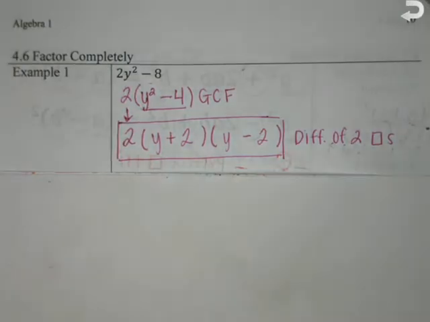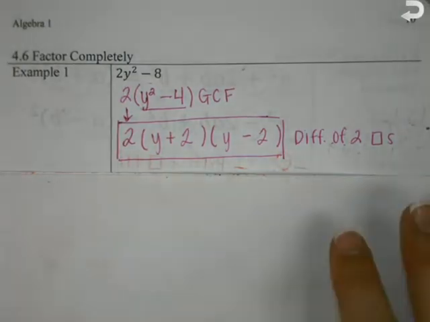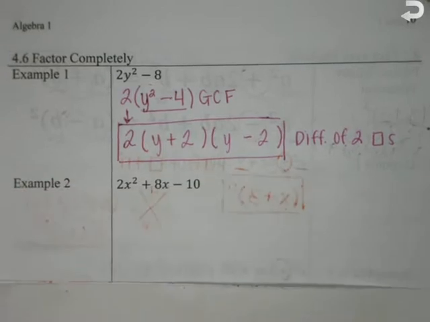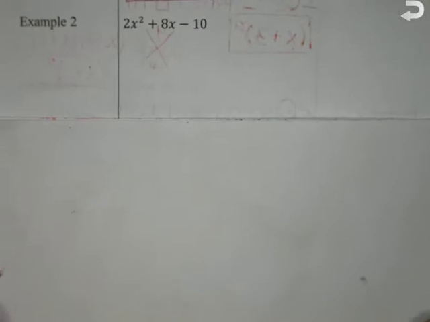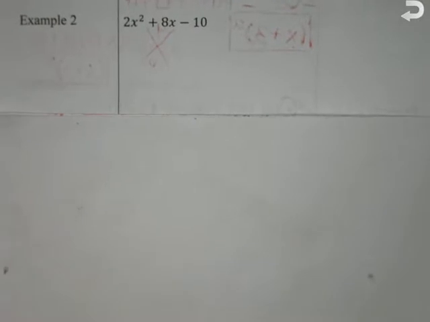So, example 2, I want you guys to try it on your whiteboard. Write it in your notes and then try it on your whiteboard. Okay, you should always check for what first? GCF. Most of you got the GCF. What was it? 2. So let's factor out the 2.